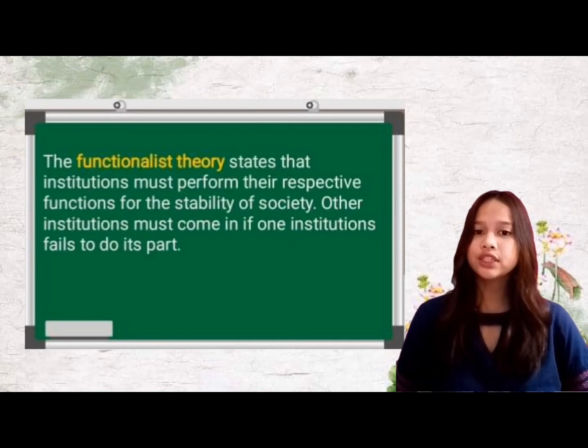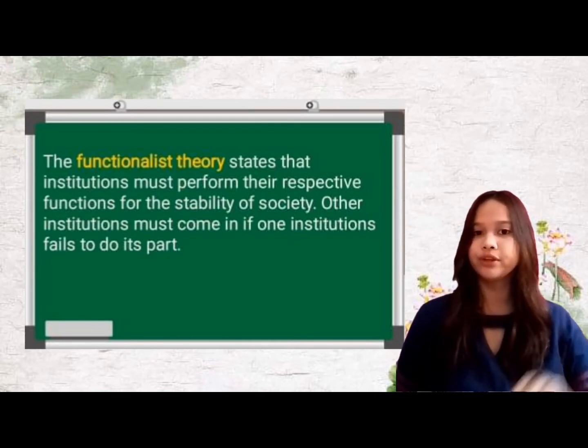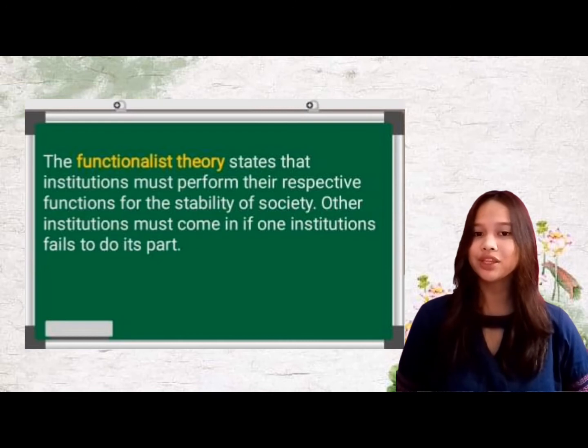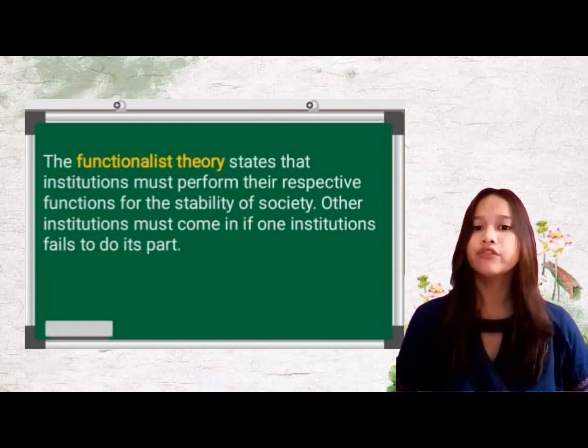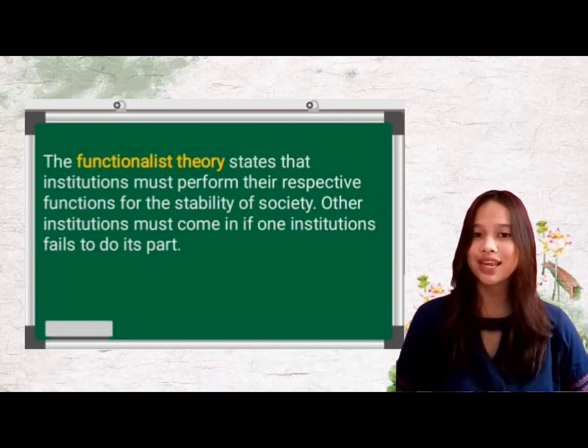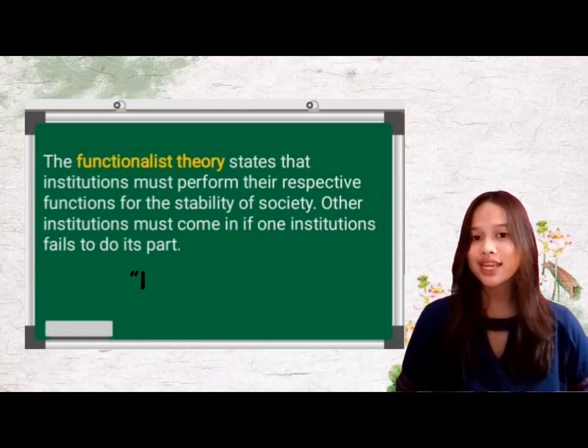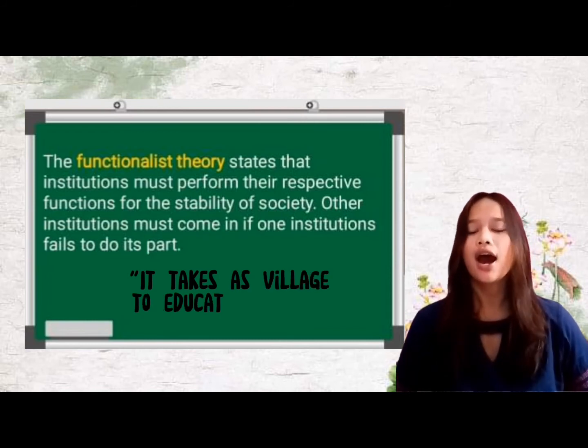Now, the functionalist theory states that institutions must perform their respective functions for the stability of society. Other institutions must come in if one institution fails to do its part for the sake of society. The school cannot do it all. According to an African proverb, it takes a village to educate a child.